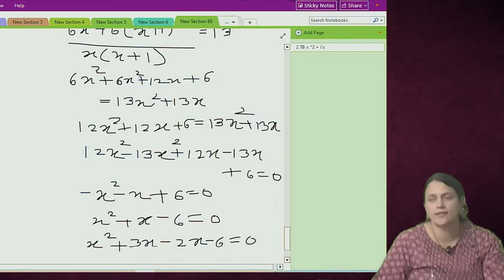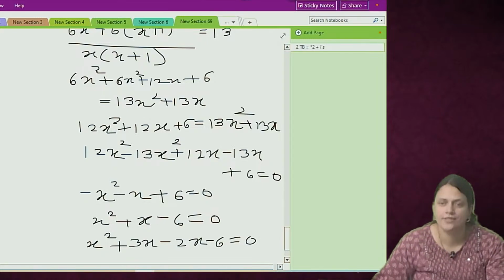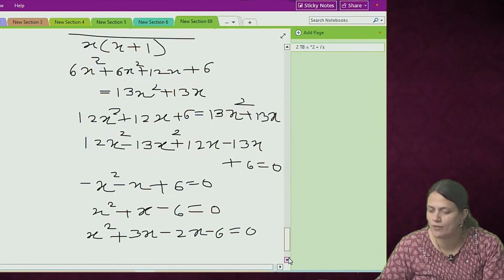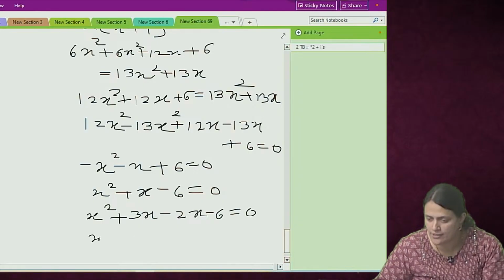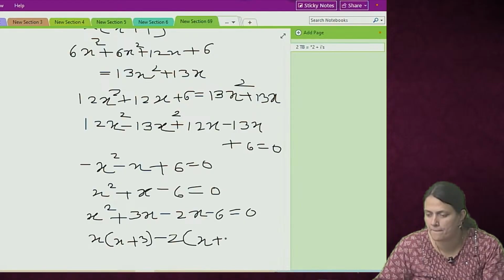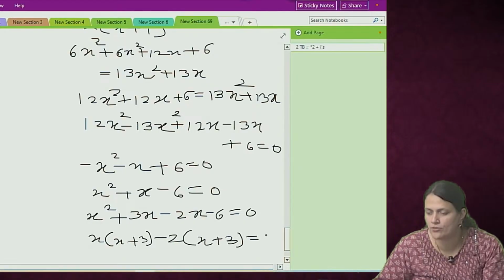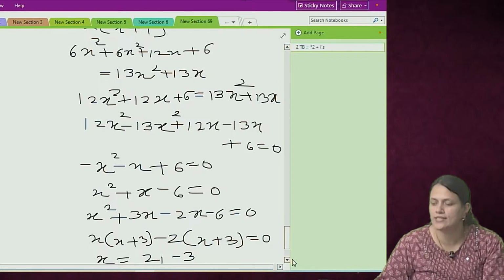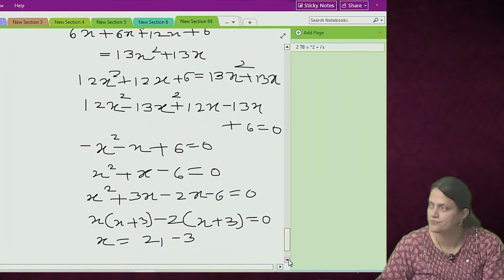So the options are 2, -3. Solve this equation: (x + 3)(x - 2) is equal to 0, so x will have two values, 2 and -3. Option D is the correct option.